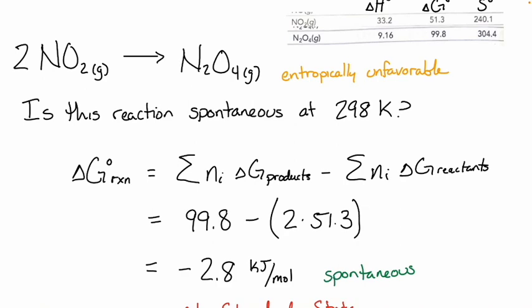We reviewed this again at the beginning, this reaction of nitrogen dioxide going to dinitrogen tetraoxide.